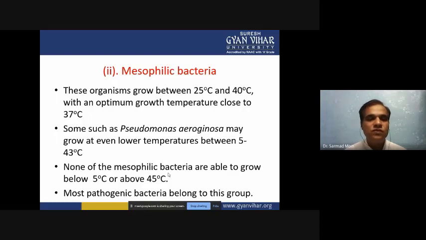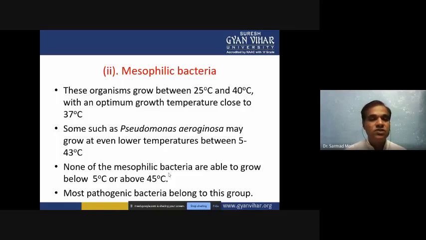Then next is mesophilic bacteria, and these can grow at normal temperatures like 25 to 40 degrees, and for their growth the optimum temperature is 37 degrees. Many pathogenic and non-pathogenic bacteria are mesophilic. We already know 37 degrees is the optimum temperature for the bacteria.